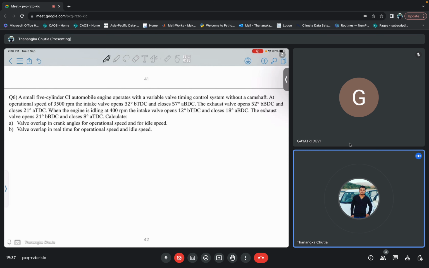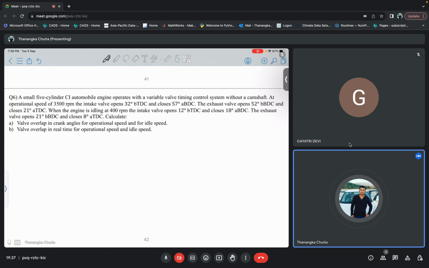Again similar things are given at idling speed. So for both speeds, the operational speed and the idle speed, we have the angles at which the inlet valve opens and closes and the exhaust valve opens and closes.